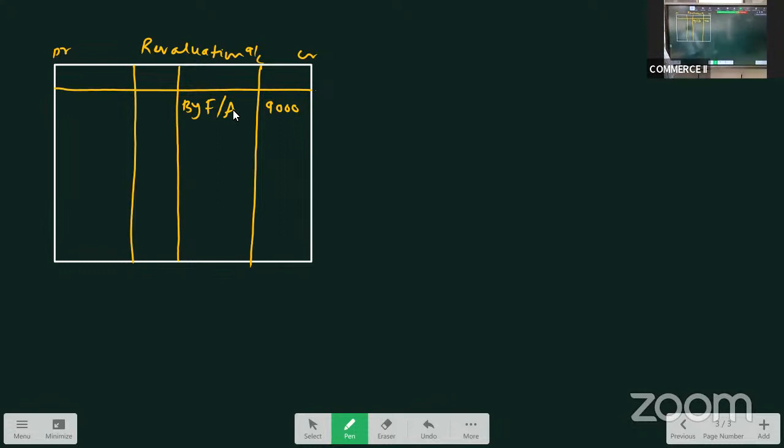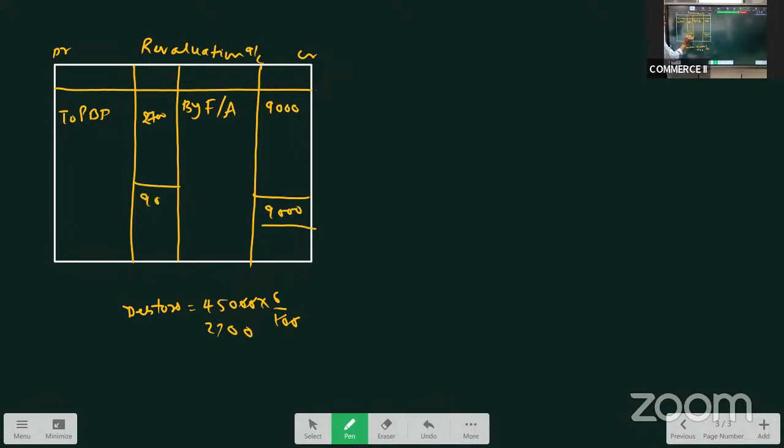Provision for bad debt is 6% on debtors. Debtors are 45,000. What is the value of debtors given? Debtors are 45,000 into 6/100, 2,700. To provision for bad debt 2,700.